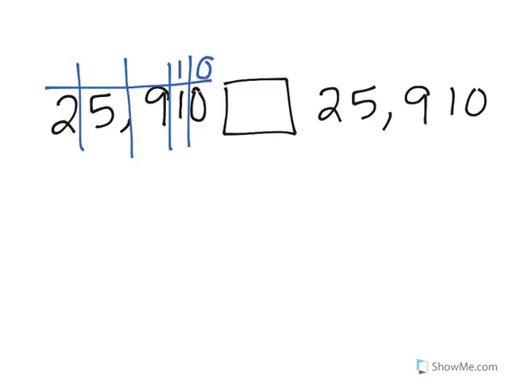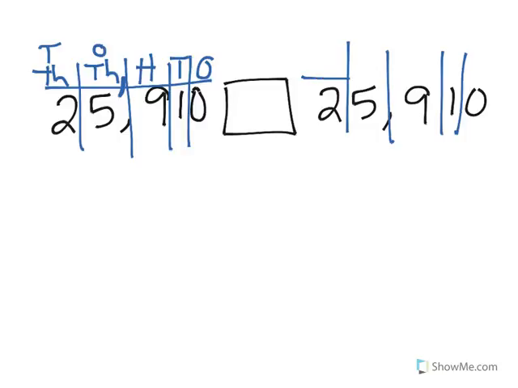Alright, we have our ones, our tens, our hundreds, our 1,000s, our comma, and our 10,000s. Now for the other number, ones, tens, hundreds, 1,000s, 10,000s, my comma. Alrighty, so both of my numbers go up to the same place value, the 10,000s.